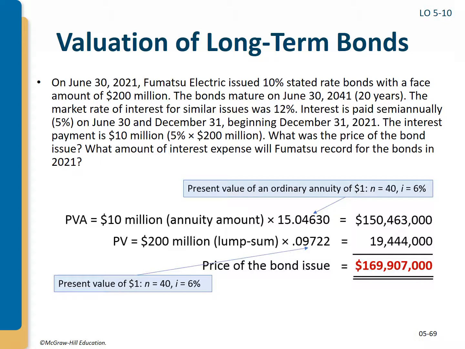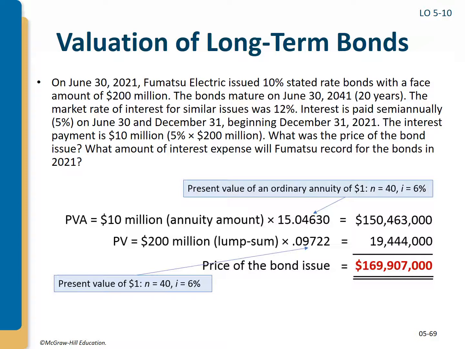So our N is the number of interest payments, 20 years, twice a year, 40 payments. The interest rate will be 12%, the market rate, divided by 2, or 6%. So we'll go to the present value of an ordinary annuity table because the payments are made at the end of each 6 months. Go to 6%, down 40.